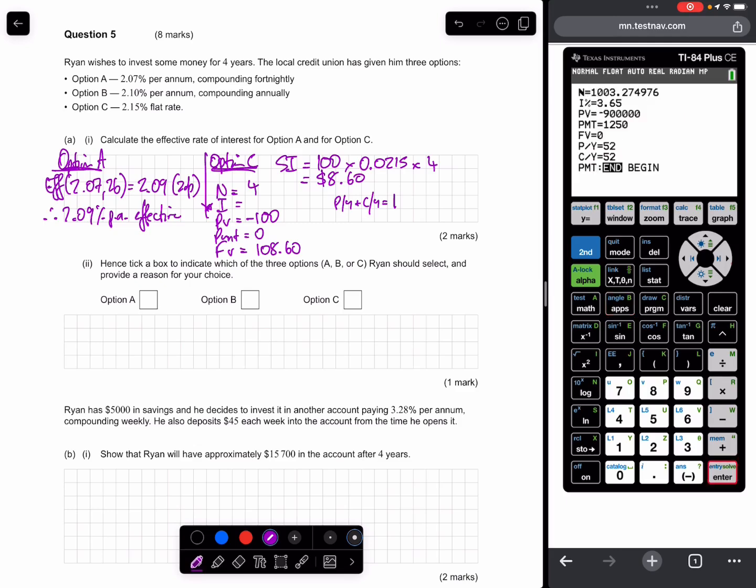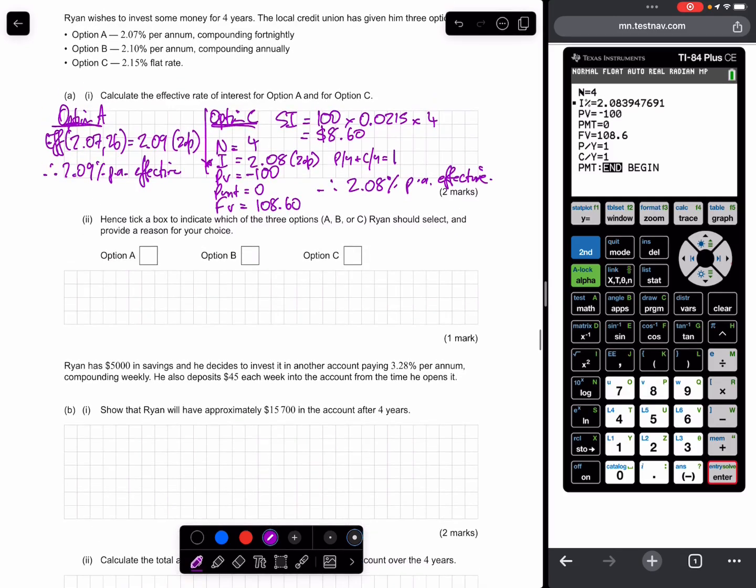Apps, finance, TVM, 4. Unknown, negative 100, 0, 108.6, 1 and 1. So 2.08 to 2 decimal points. Therefore, 2.08% per annum effective for option C.